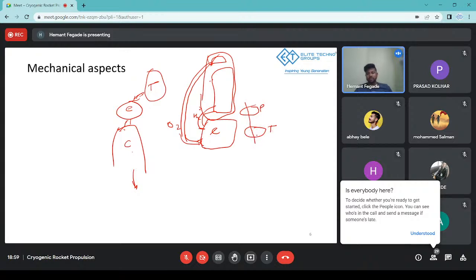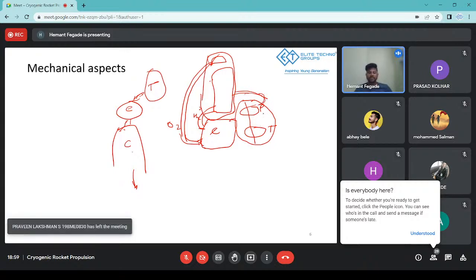This turbine is being rotated to operate the pump. So how do we operate this turbine? Can you guys tell me? Let's say this is a supplementary system, an auxiliary system, which is helping us pump this fuel into the engine.